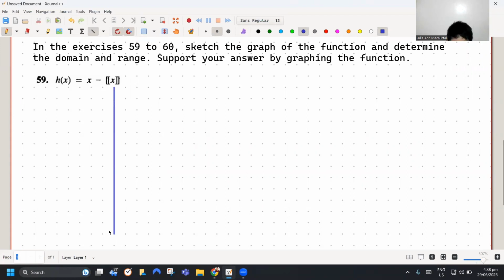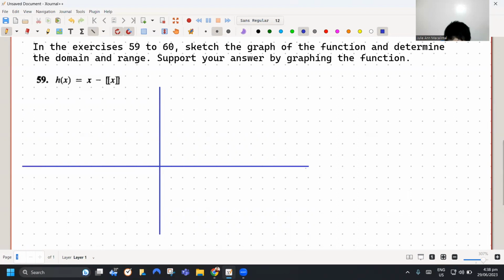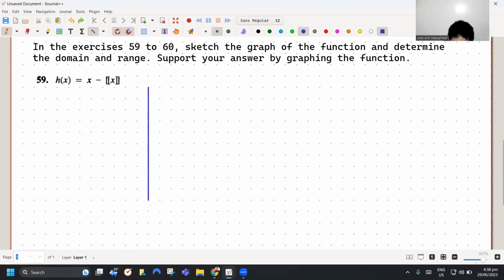Okay. Kasi, di ba, largest integer less than or equal to x. So yung 0 to 1, 1 to 2, just to see what happens.